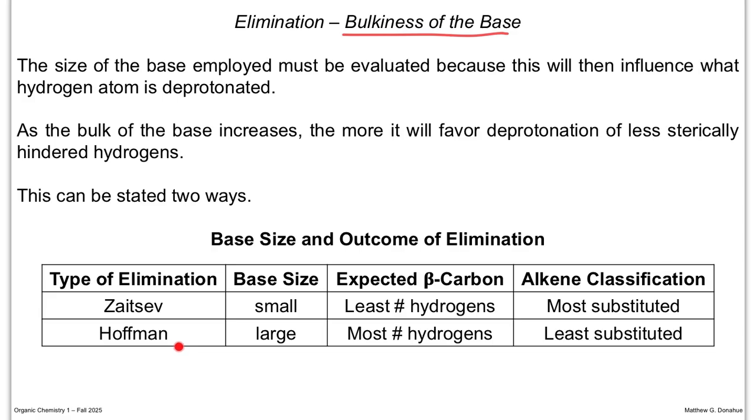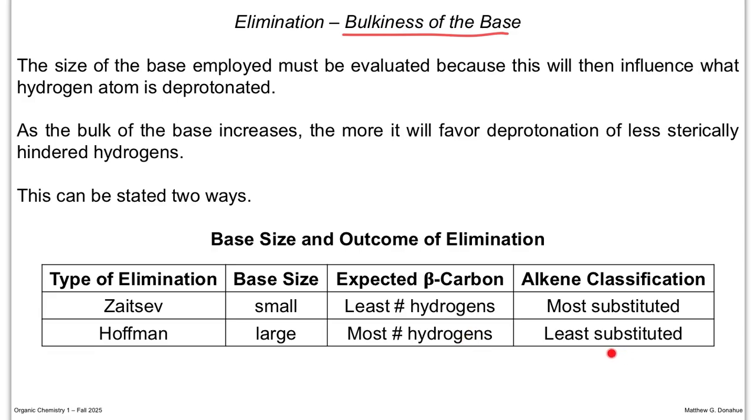A Hoffman elimination would use a large base like potassium tert butoxide. Because that is a large base, it has to go where the hydrogens are most accessible. And that's typically a beta carbon with the most hydrogens.